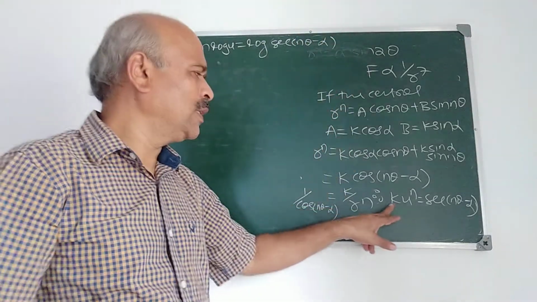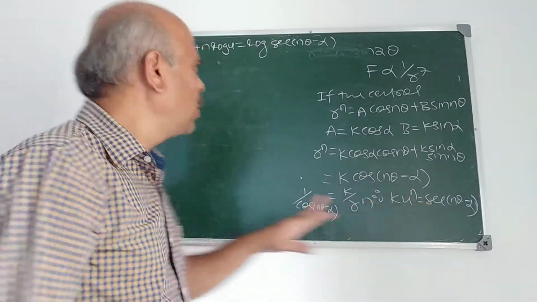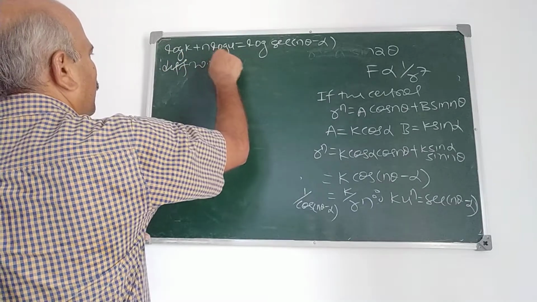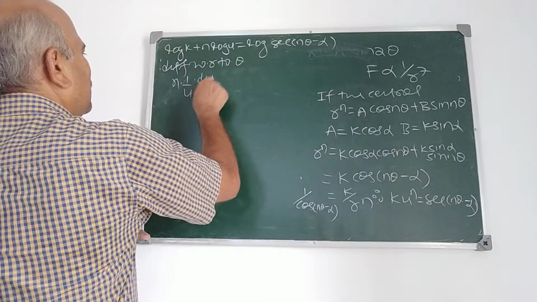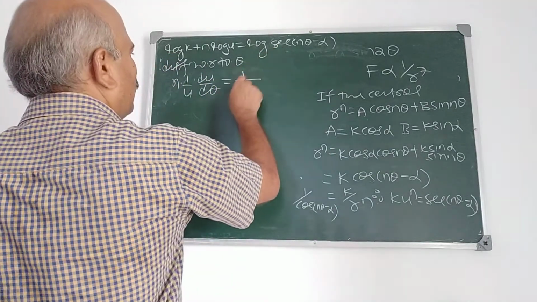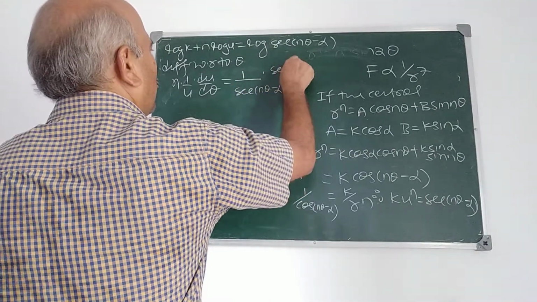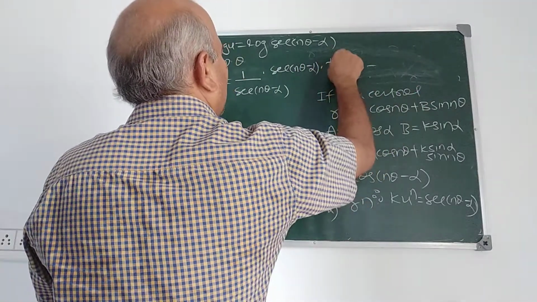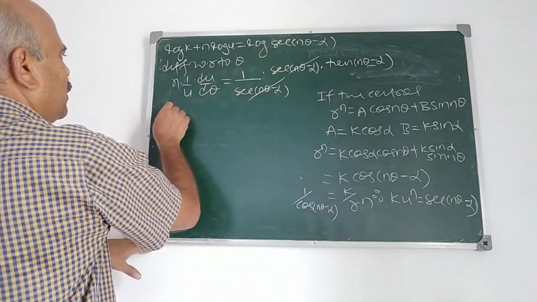Differentiate with respect to theta. We get n into 1 upon u du by d theta, because log k is constant, 0. Log sec n theta gives 1 upon sec of n theta minus alpha, into sec of n theta minus alpha into tan of n theta minus alpha, because log is there.